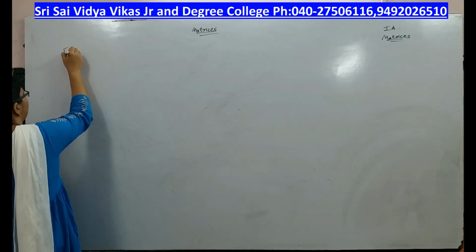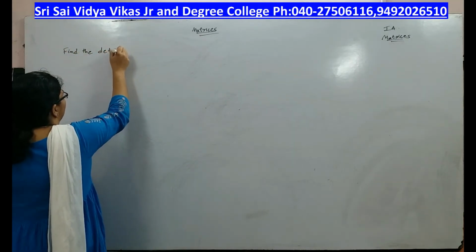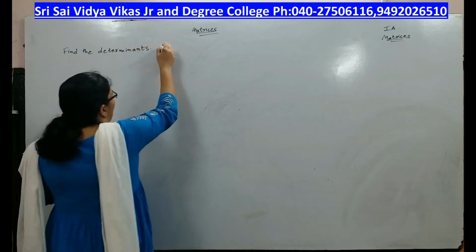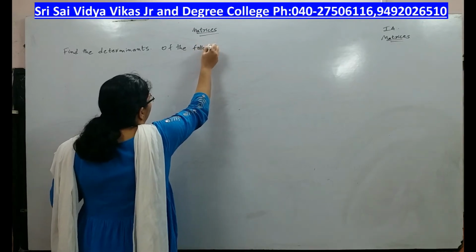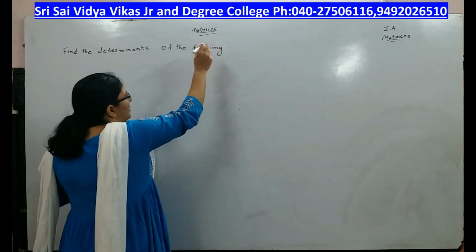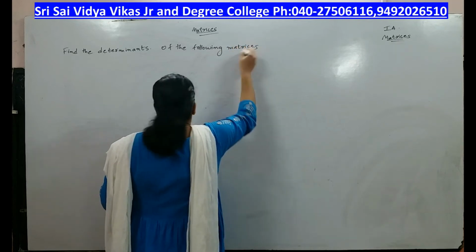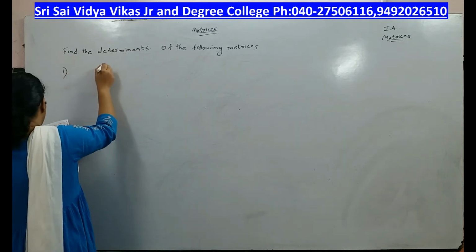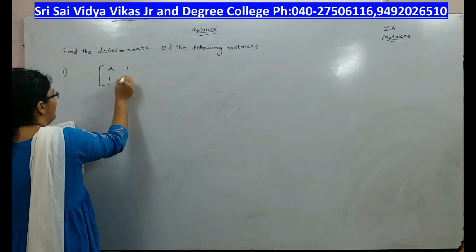Find the determinants of the following matrices. First one, 2, 1, 1, minus 5.